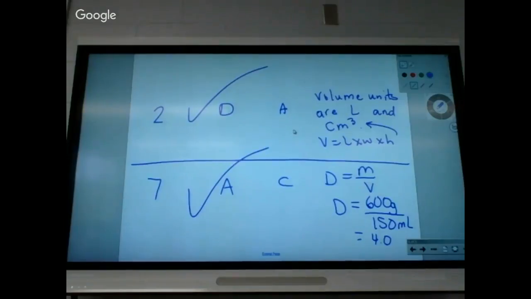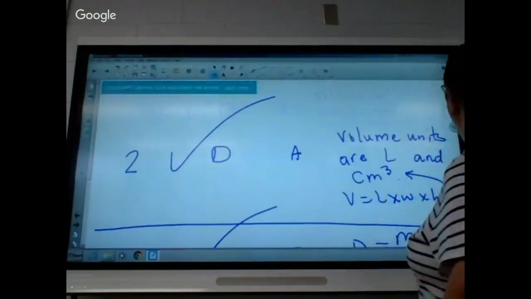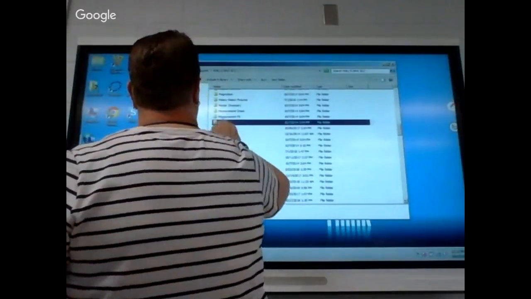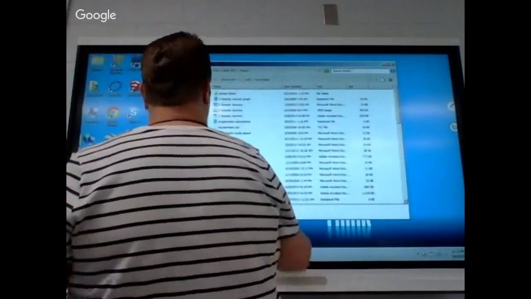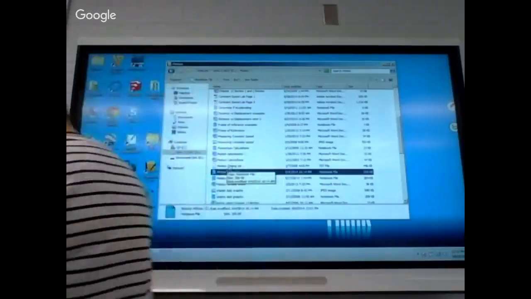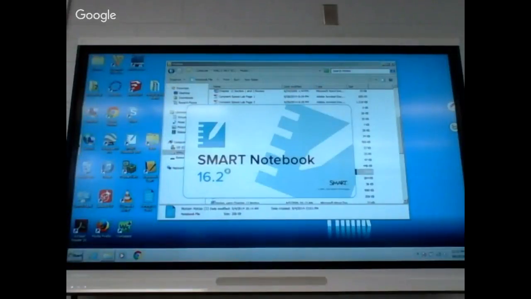I need to mark absent. Off and on. It's sticky. It's not going to change the humidity in the room.